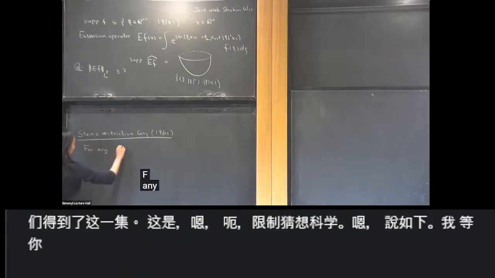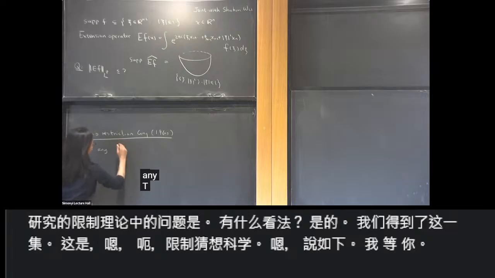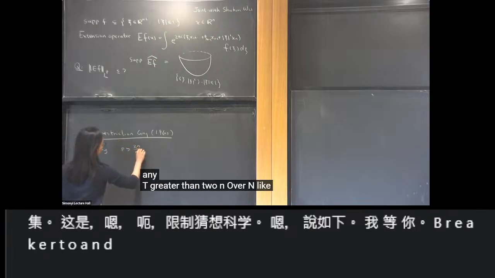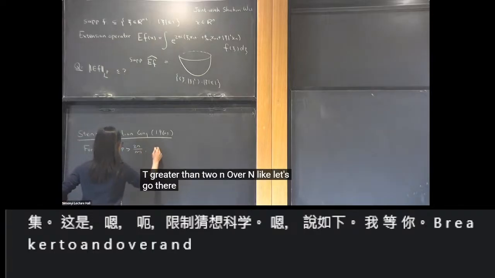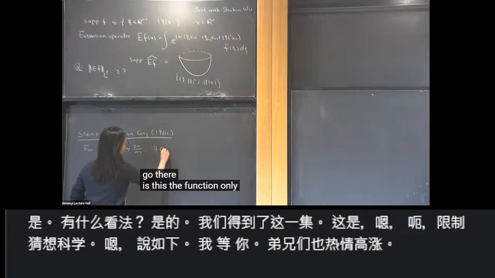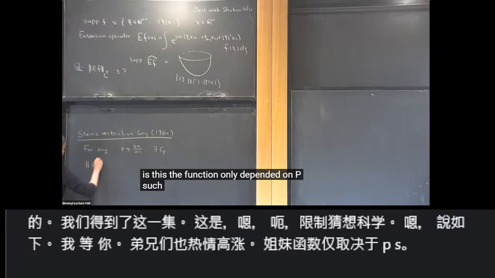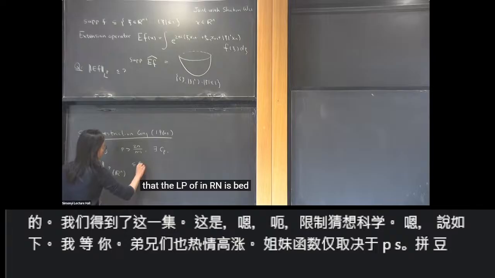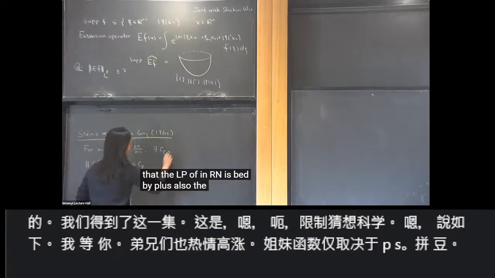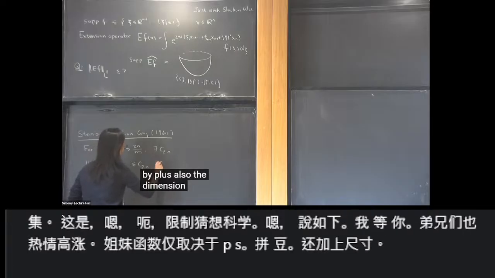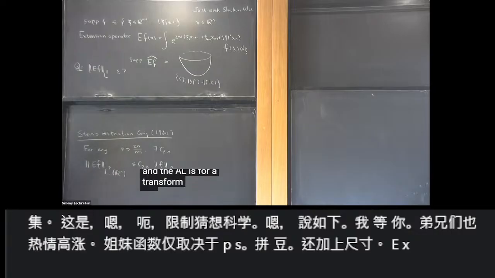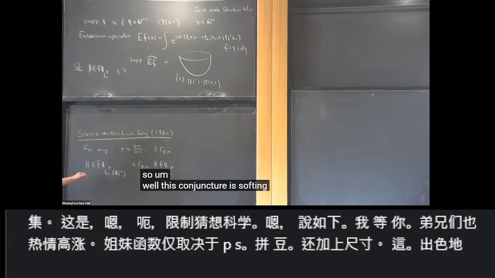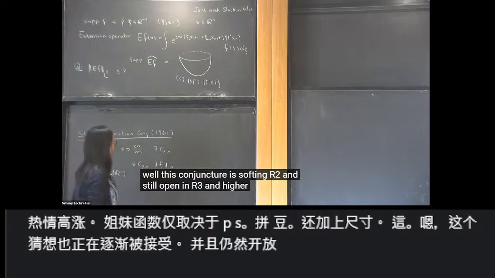For any p greater than 2n over n minus 1, there exists a constant only depending on p and also the dimension such that the L^p norm of Ef in R^n is bounded by the L^p norm of f. Well, this conjecture is solved in R^2 and still open in R^3 and higher dimensions.